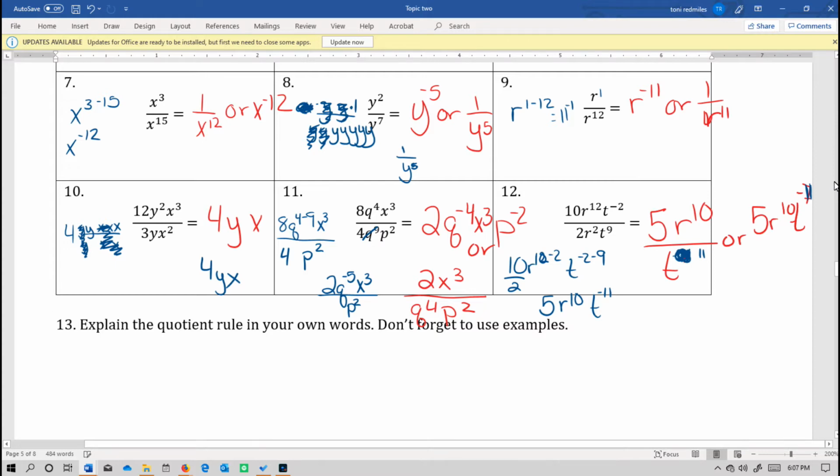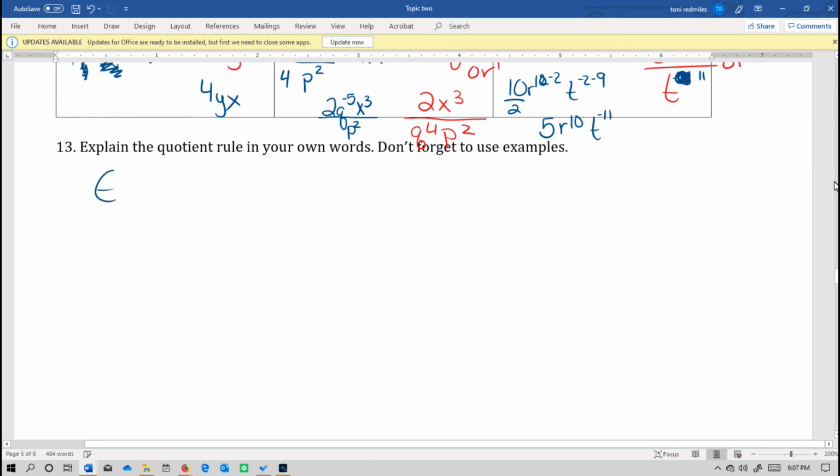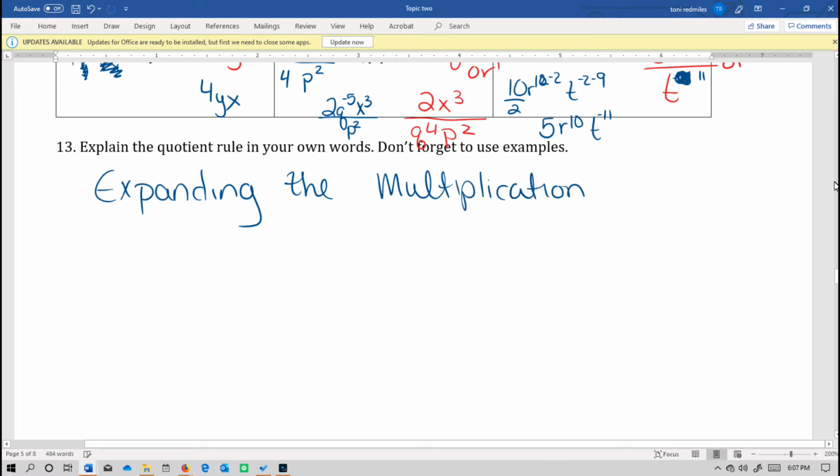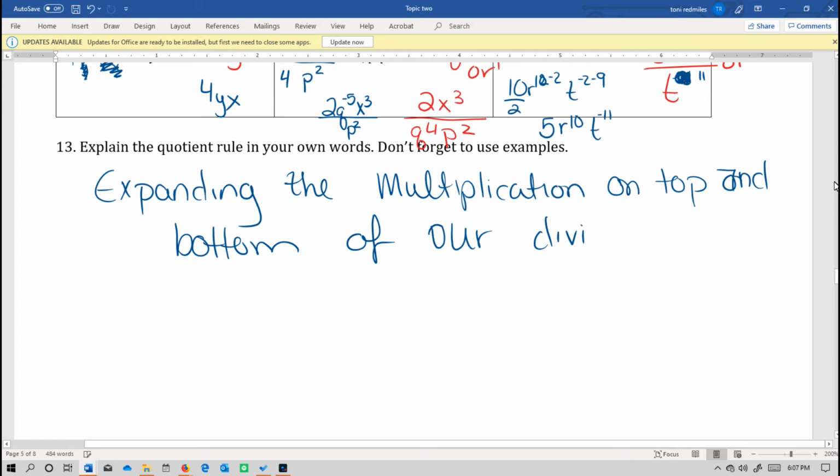All right, so explain the quotient rule. It's just, again, just like in our product rule, it's just expanding the multiplication on top and bottom of our division, and then rewriting it, simplifying it.